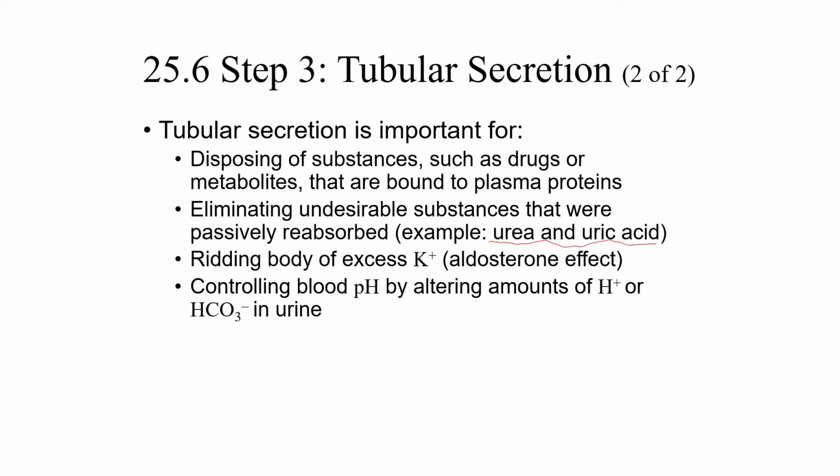We see a lot of excess sodium. And then fourth, by getting rid of protons or bicarbonate, we can control the blood pH. And remember, blood pH needs to be 7.35 to 7.45.